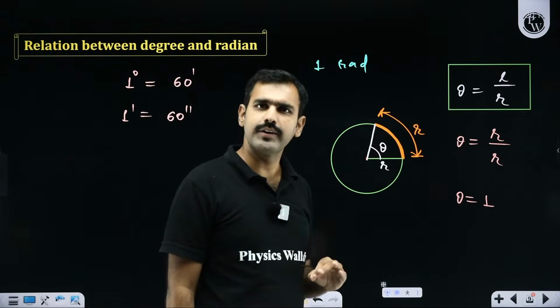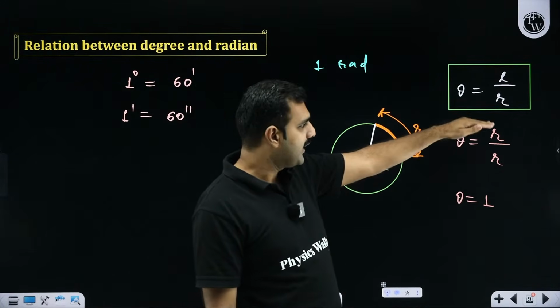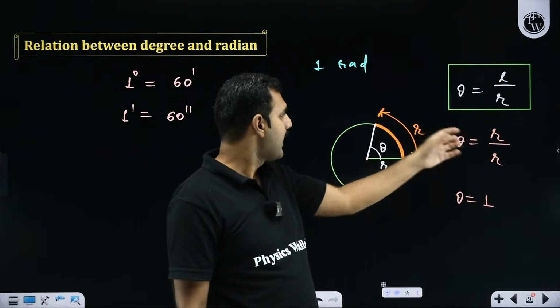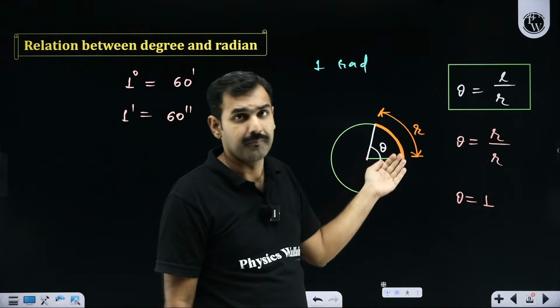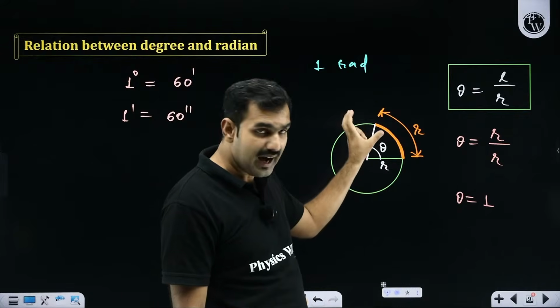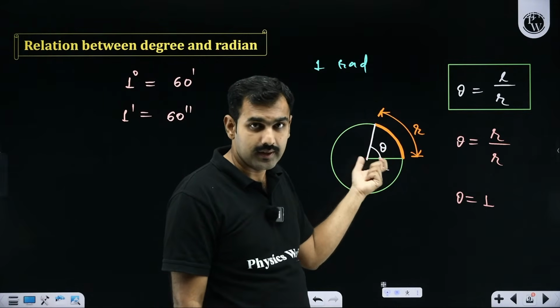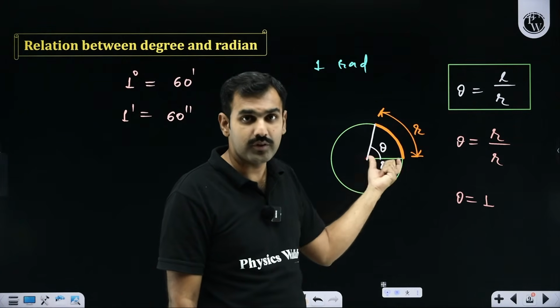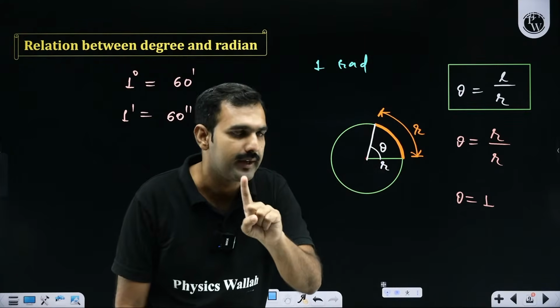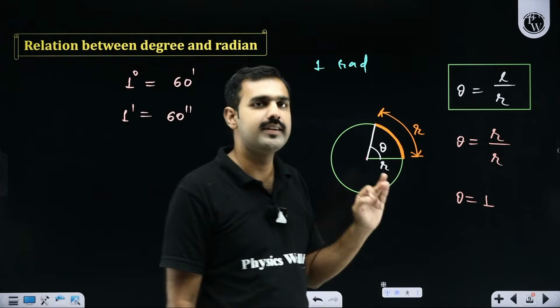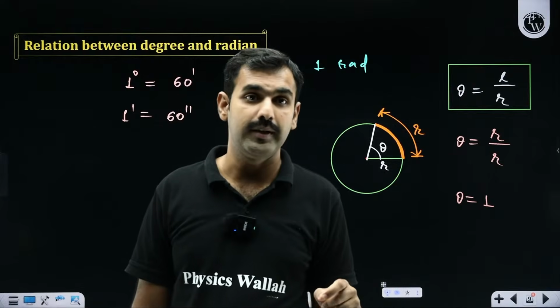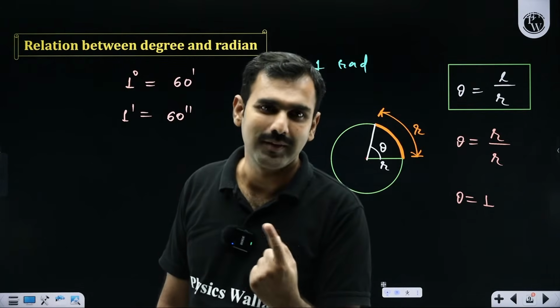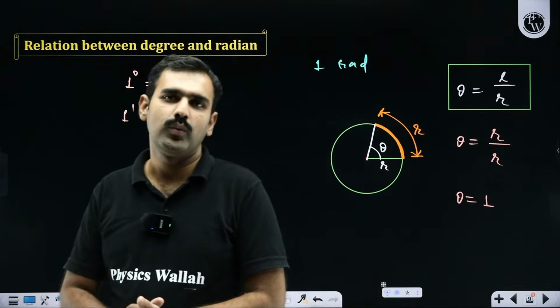So let us correct it today. If the radius and the length of the arc are same, then that arc equal to the length of the radius of the circle will subtend an angle at the center of the circle which will be 1 radian.